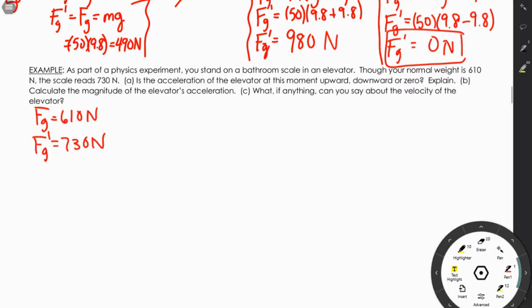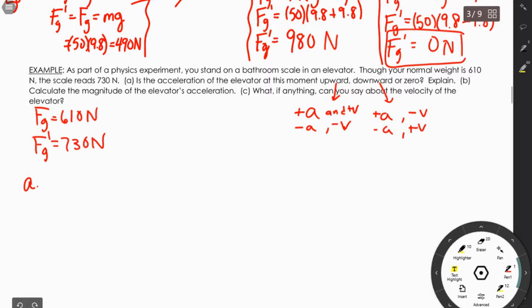Okay, so part A, if you just think about what we did in the previous example, when we talk about up or down, we're saying the acceleration and V are in the same direction. So it's like positive A, positive V, negative A, negative V. Same direction. And downward would be positive A, negative V, or negative A, positive V. Opposite each other.